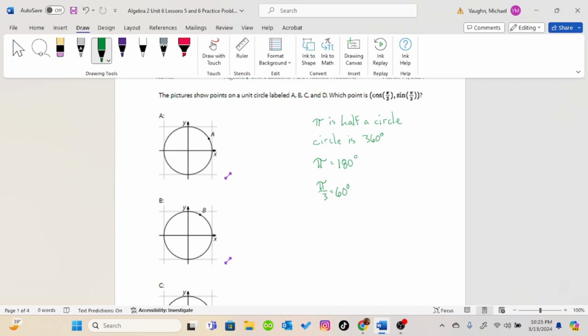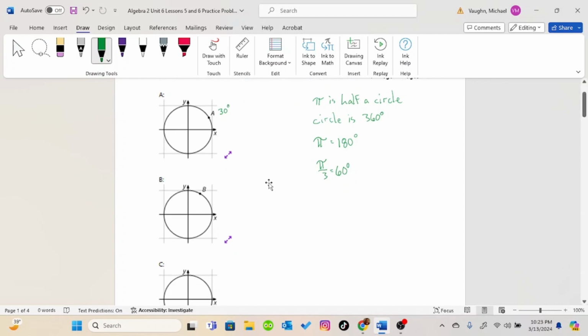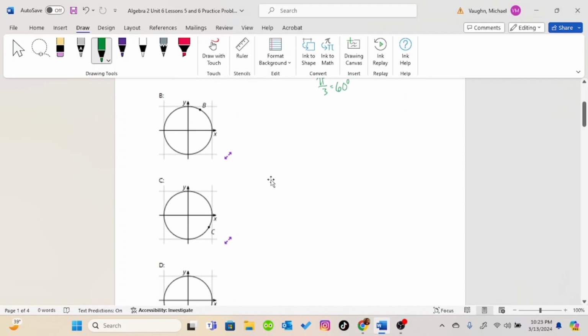A looks to be less than half of this quarter, so this is probably about 30 degrees. B does appear to be about 60 degrees, so B is going to be the correct answer.